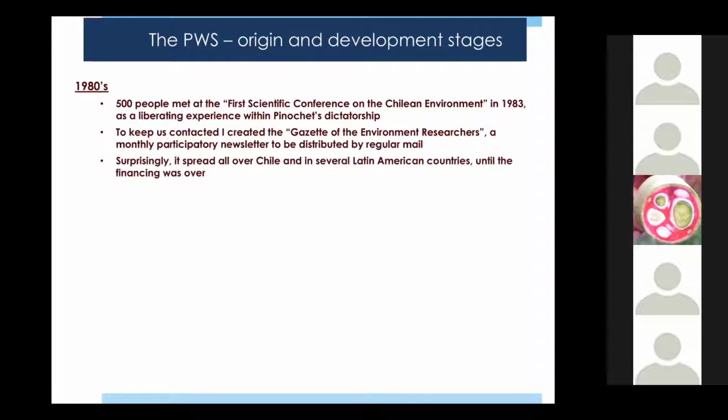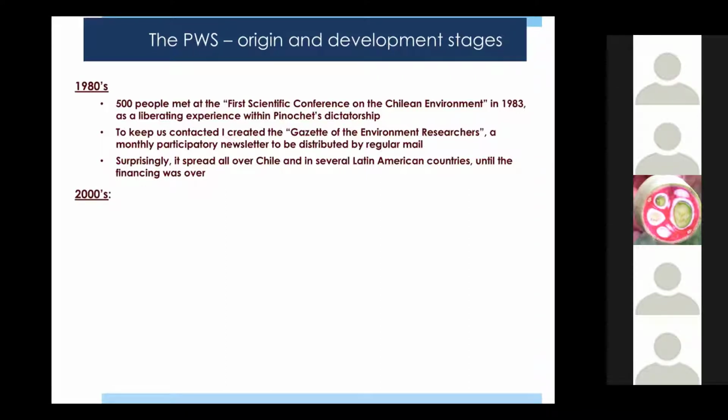Surprisingly, it spread all over Chile and in several Latin American countries. We got news from many places, put them together, and published and distributed them by mail. Of course, it ended at some point when we had no more financing.